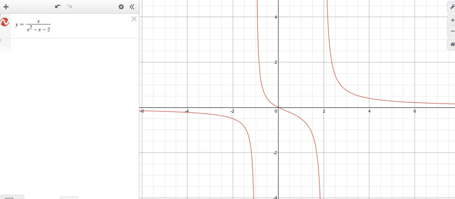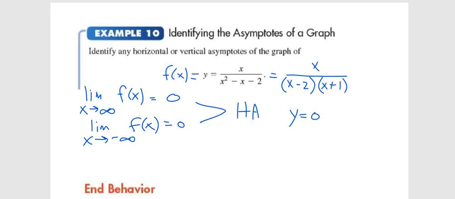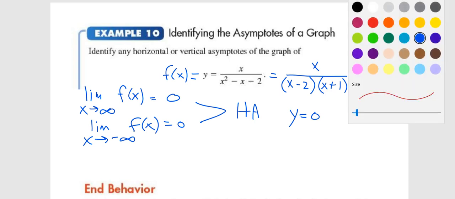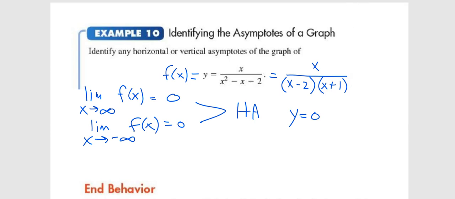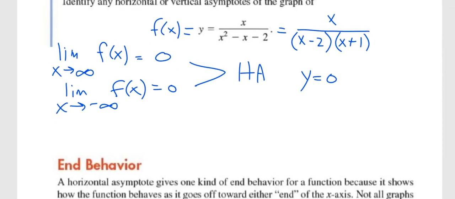All right, so let's see here. We found those vertical asymptotes at x equals negative 1 and x equals positive 2.